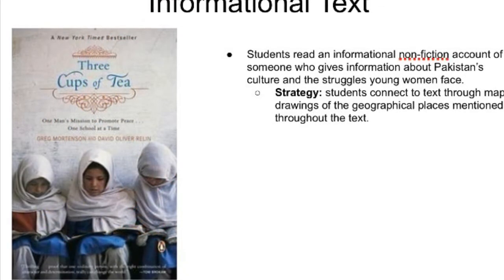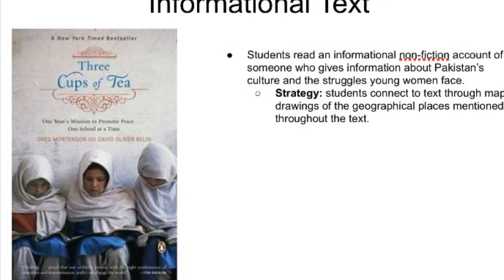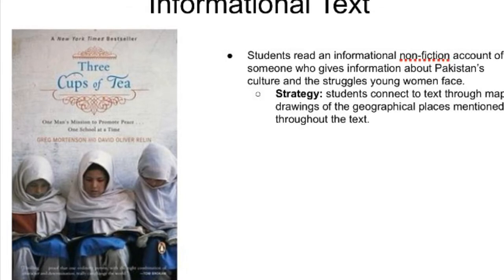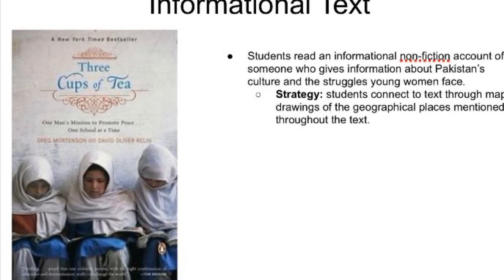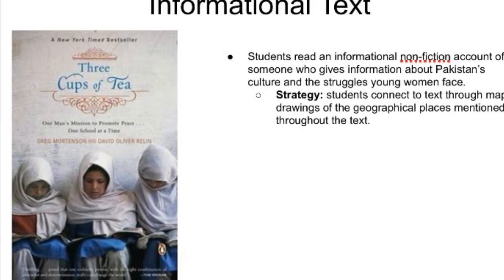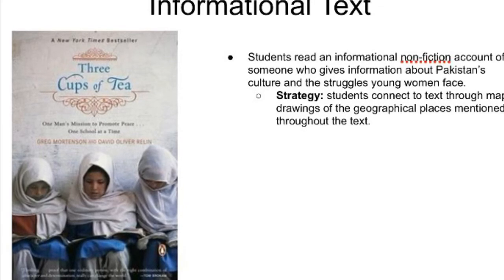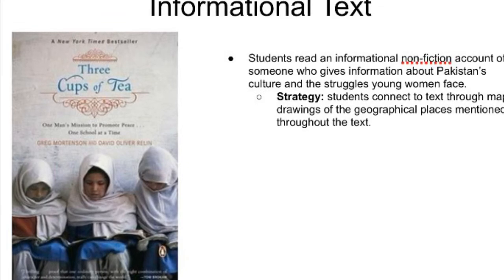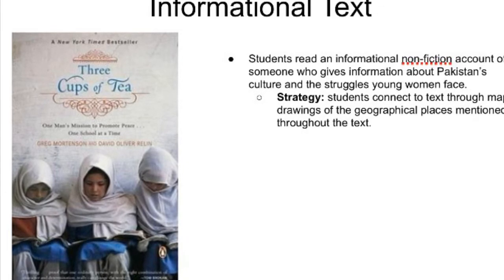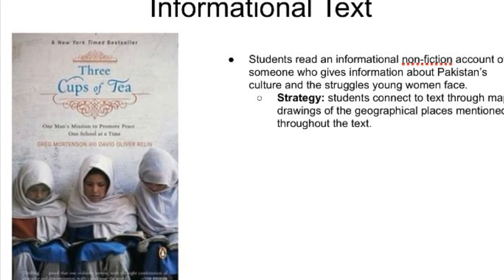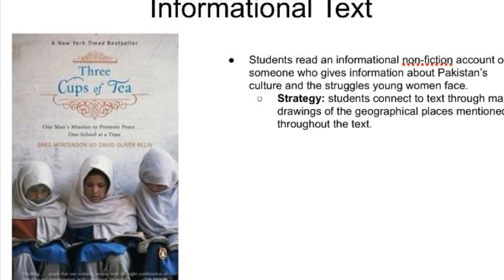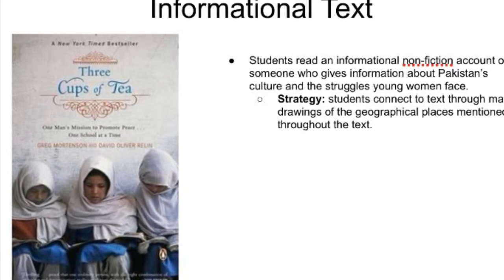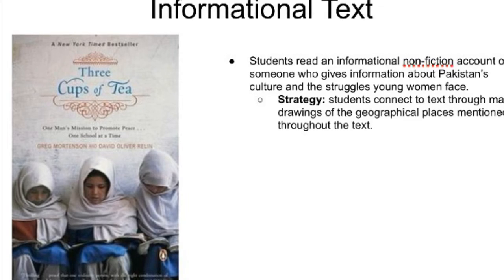The informational text for social studies is Three Cups of Tea. This is a nonfiction account of someone who gives information about Pakistan's culture and the struggles young women face. Now, this is a nonfiction, like I said, and inspiring story of someone who just really raised a lot of money and did a lot of work in the culture.